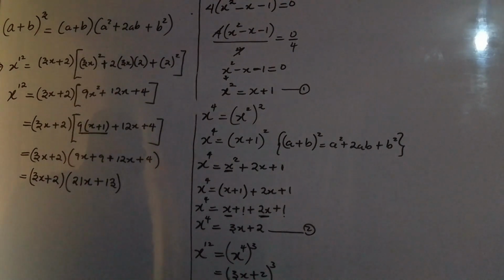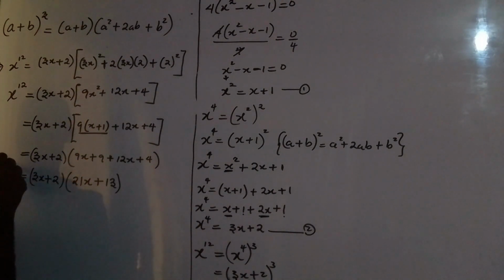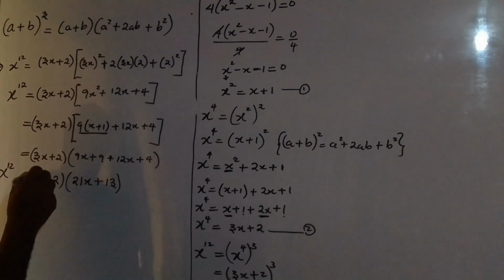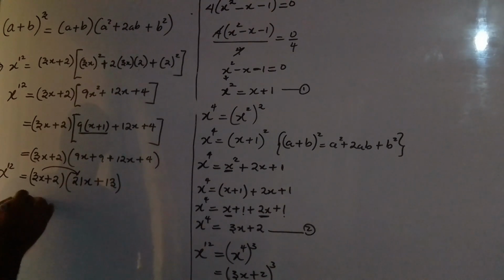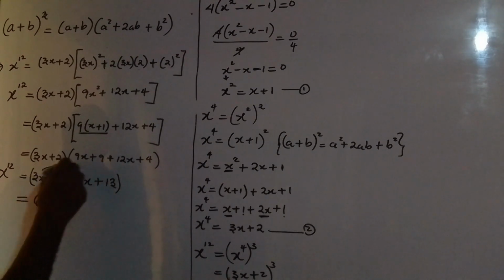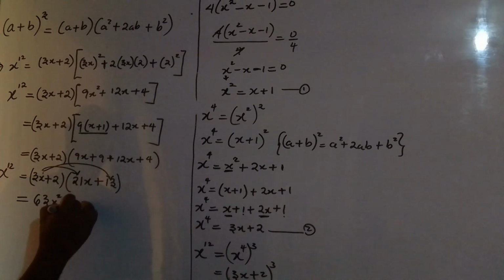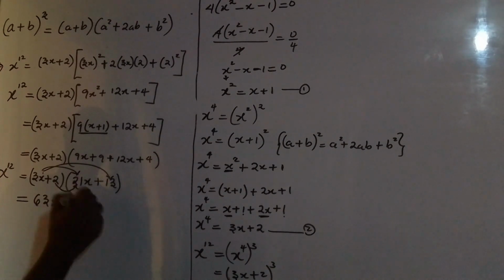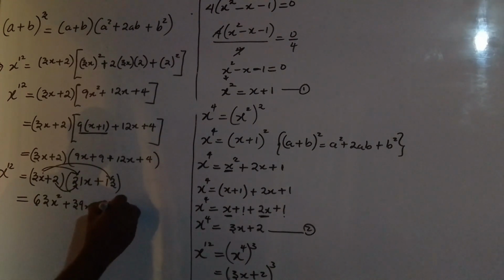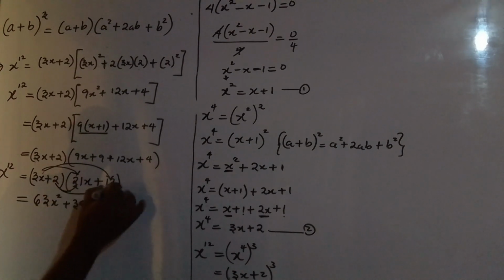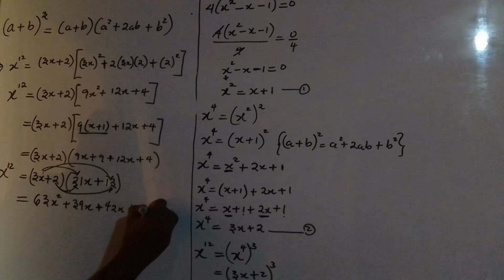So now I can expand this bracket to get the value of x to the power of 12. Expanding this, I'm going to get 63x squared. Going again, I'm going to get 39x. 2 times 21x will give me 42x. And then 2 times 13 will give me 26.